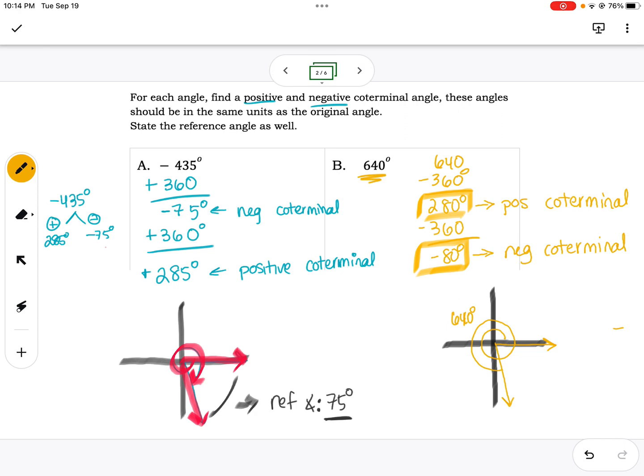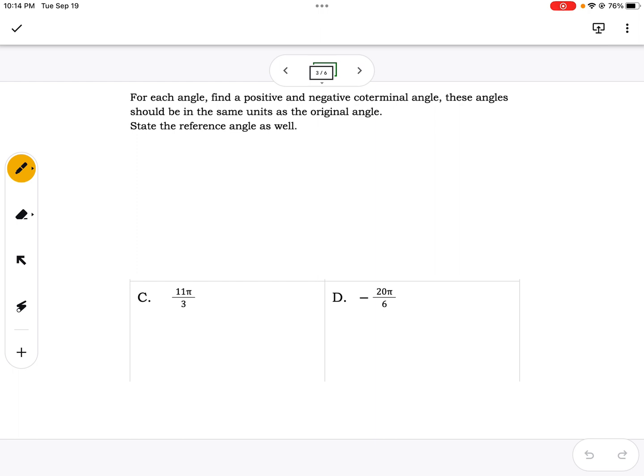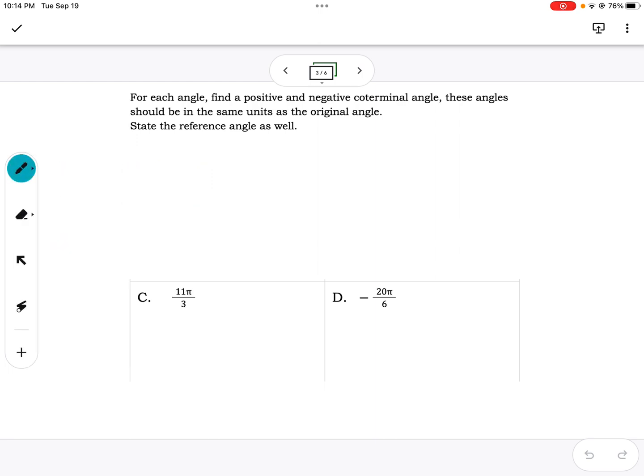All right, now let's take a look at what happens when we are talking about things in radians. So that's going to be a little bit different. Again, I'm going to start with finding my positive and negative coterminal. Now keep in mind, I had mentioned that that's add or subtract 2 pi. Right now I have a positive number, so that's why I'm subtracting. So the first thing I think is, okay, I'm going to subtract 2 pi because that'll make this smaller.